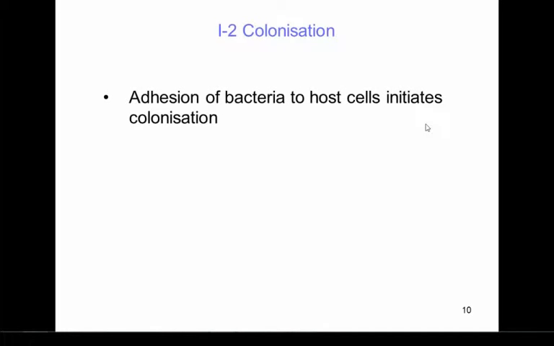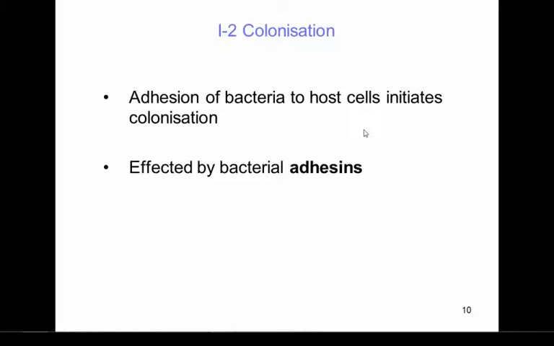Right. So somehow the bacteria are going to arrive on a new host, the gastrointestinal tract or the respiratory mucosa. What they've got to do is adhere to the host cells. And of course, this is not an accident.